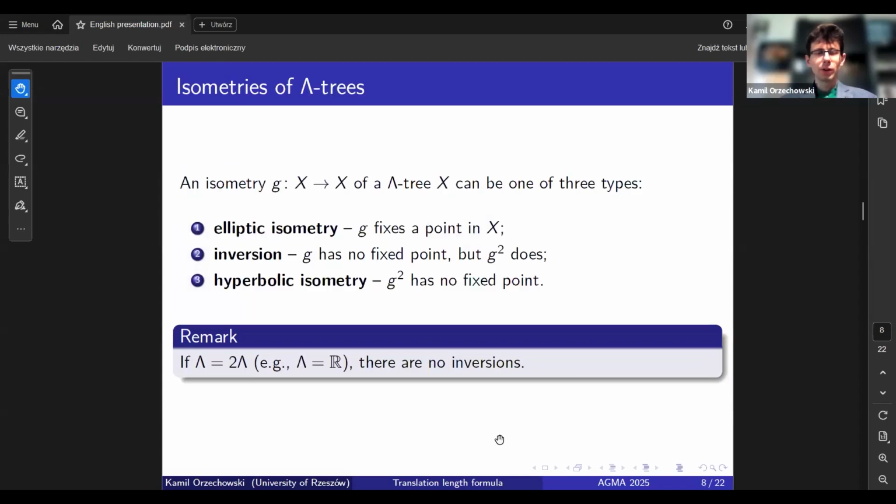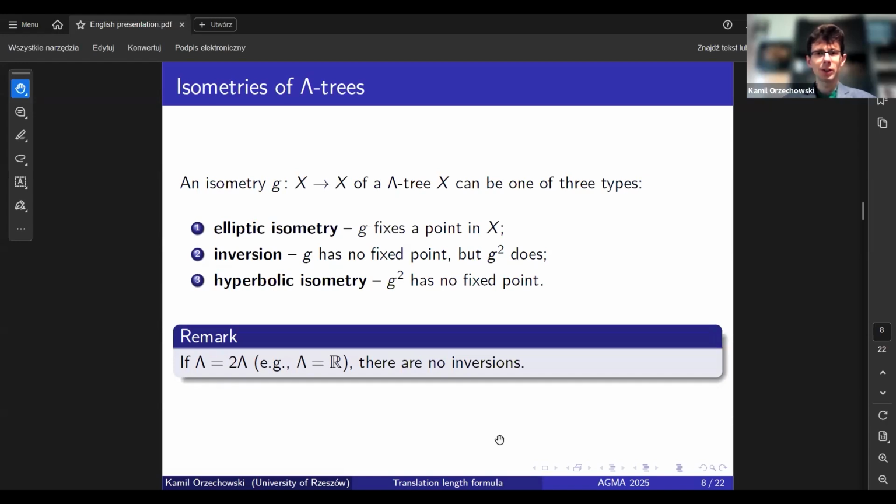Let's go to the theory of isometries of lambda trees. There are 3 types of isometries. An isometry G is called elliptic if it has a fixed point in X. It is an inversion if it has no fixed point, but G squared does. For Z-trees, combinatorial trees, it means that G reverses the vertices of one edge.